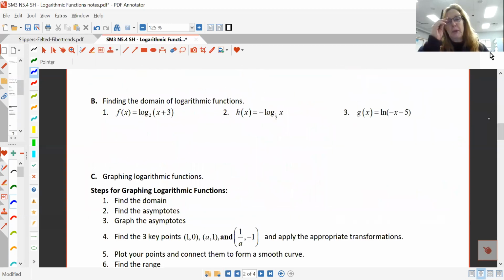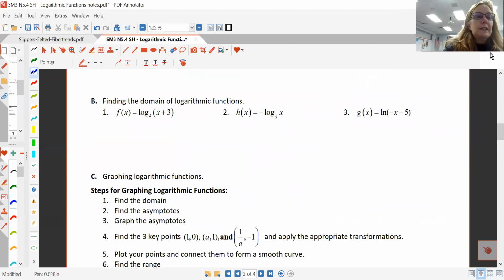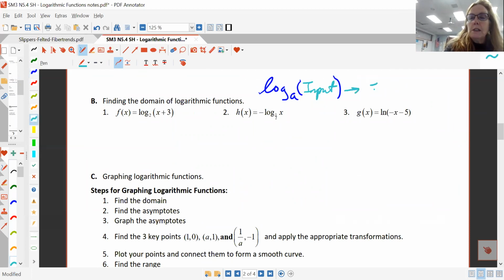All right, so domain. What is our biggest thing on domain? I'm putting in something, and my rule is that whatever I'm inputting has to be greater than 0.